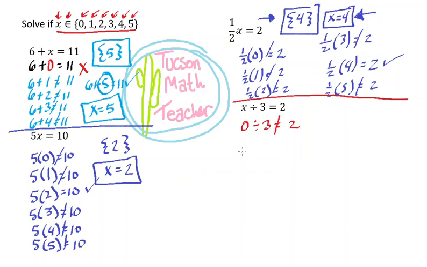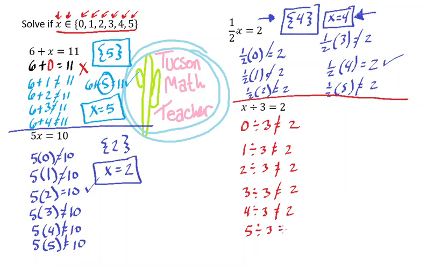Nope, it is not. 1 divided by 3 is 1/3, not 2. 2 divided by 3 is 2/3, not 2. 3 divided by 3 is 1, not 2. 4 divided by 3 is 1 1/3, not 2. 5 divided by 3 is 1 2/3, not 2. And then we stop. We're done. We've run out of possible answers.